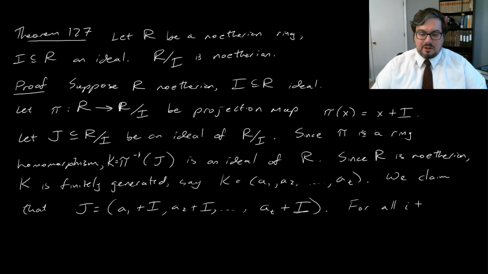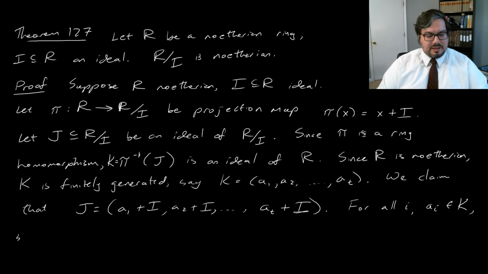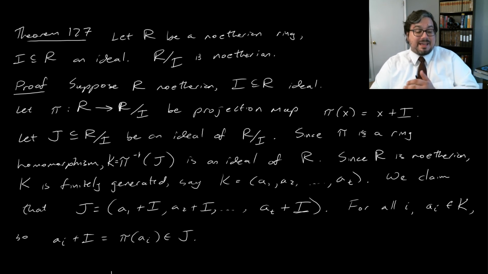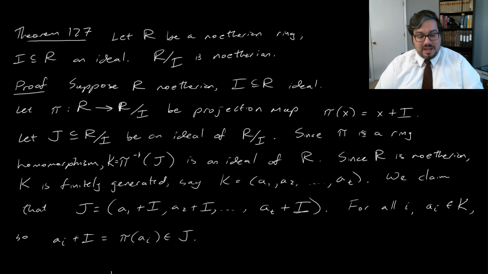So note that for all i, we have that Ai belongs to K, and so that means that Ai plus I, which is pi of Ai, belongs to J. K is the pre-image of J, and so anything in K gets sent to J by the map pi.